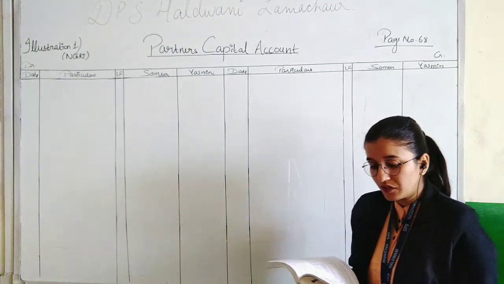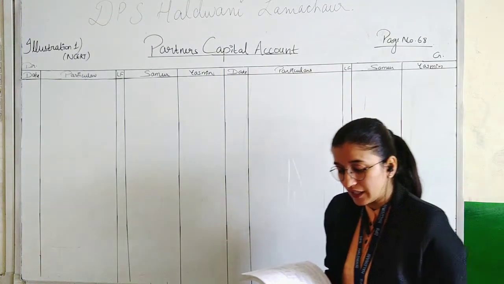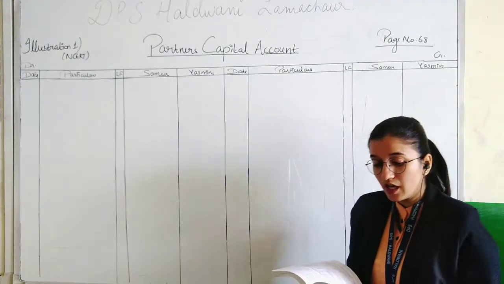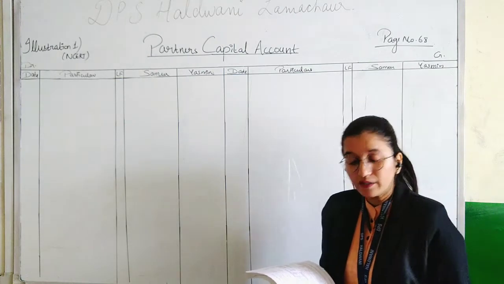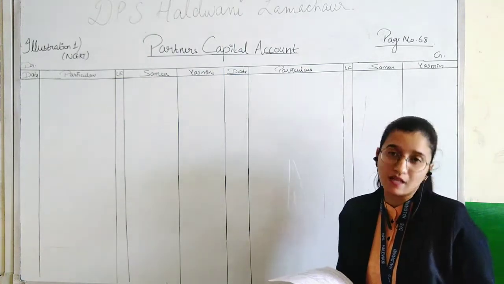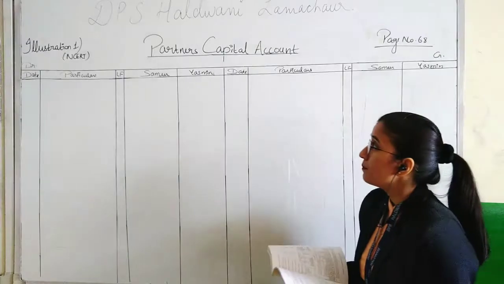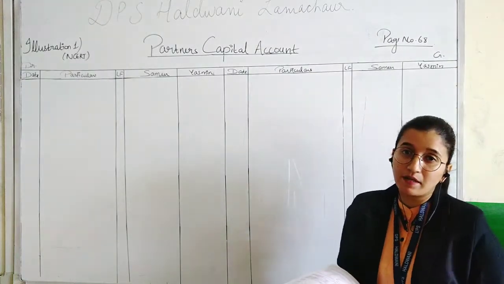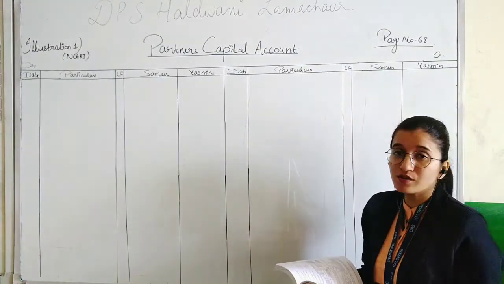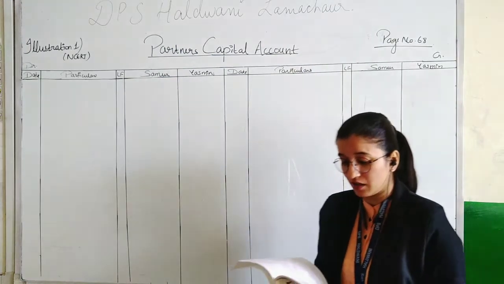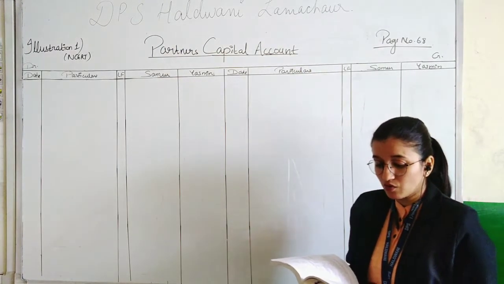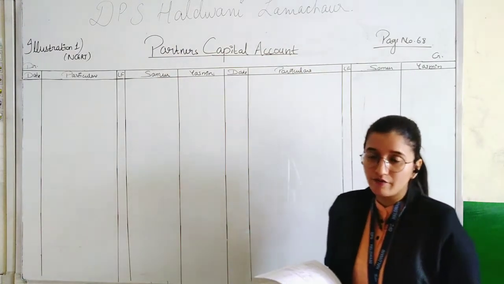Show how the following transactions will be recorded in the capital accounts of the partners if the capitals are fixed. So here we have to prepare the fixed capital account and also the fluctuating capital accounts. And the books are closed on 31st March every year.